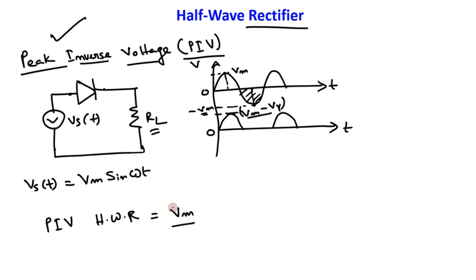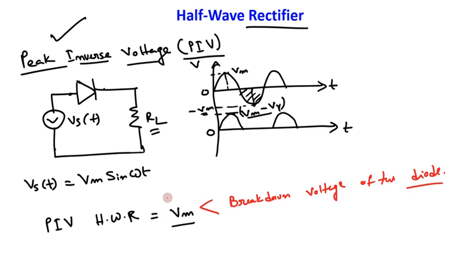Now why is this parameter important? Because this Vm should always be much lower than the breakdown voltage of the diode, isn't it?